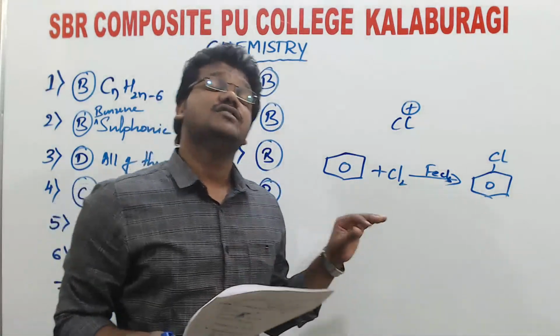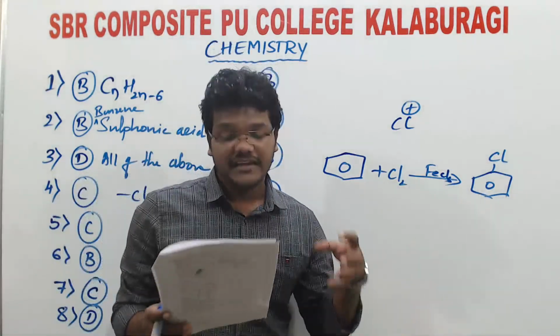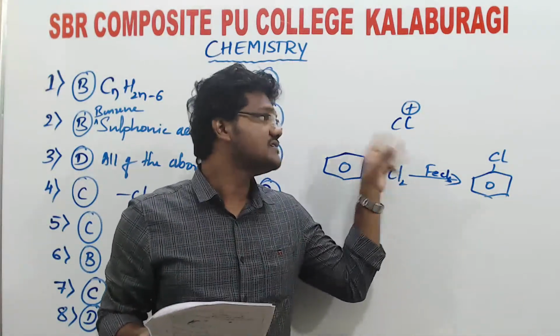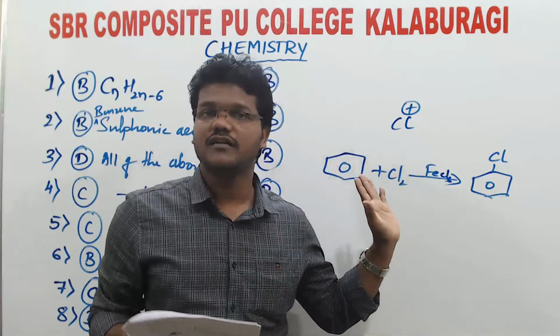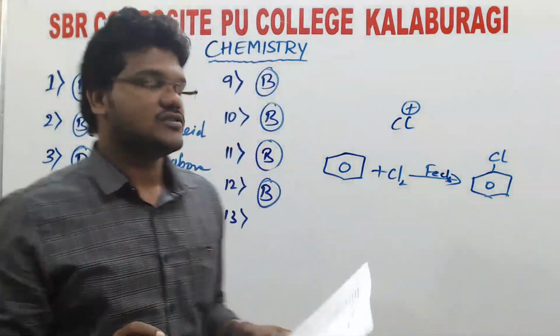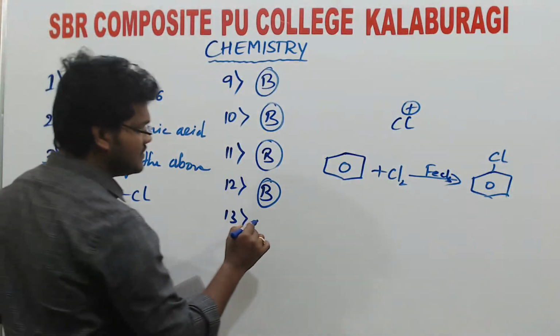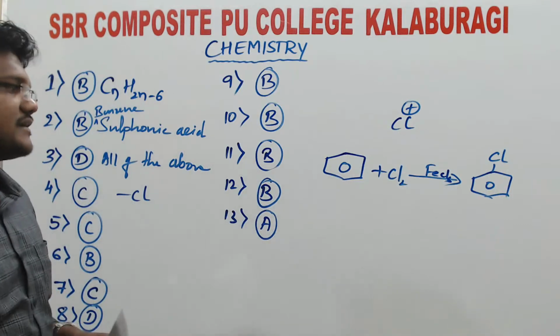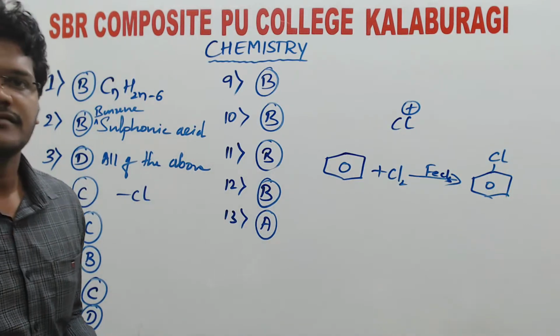So in chlorination of benzene, the reactive species is the electrophile, Cl plus, chlorine electrophile. So option number A is correct for question number 13.